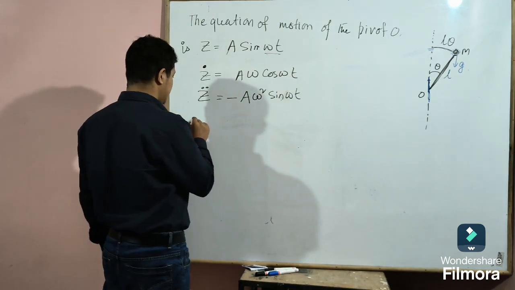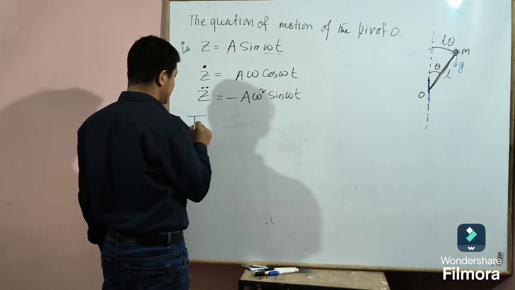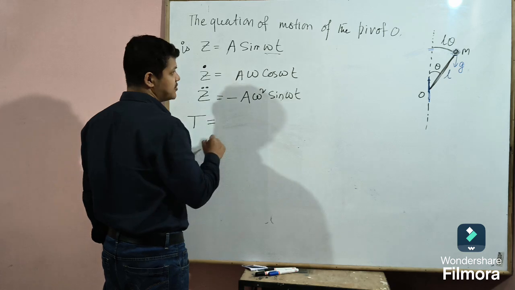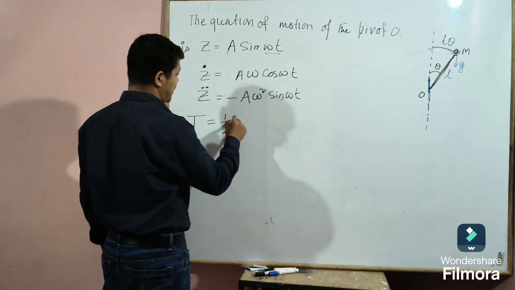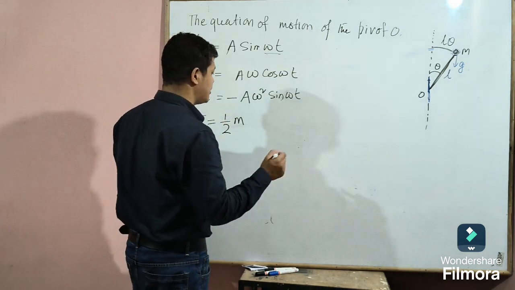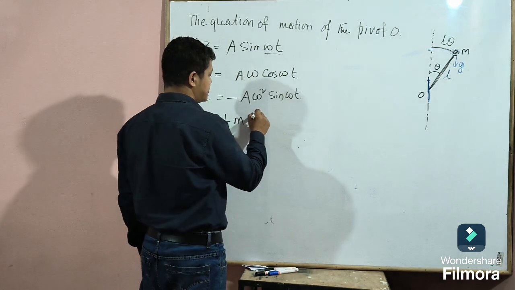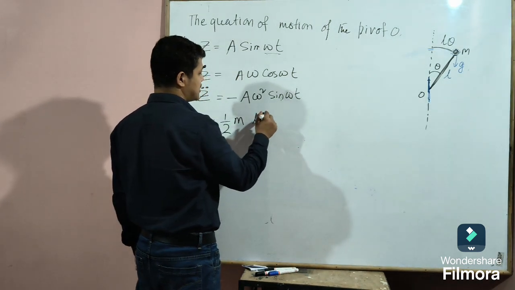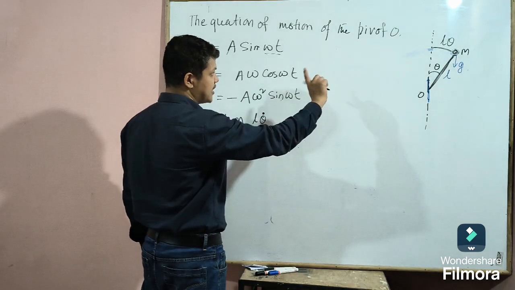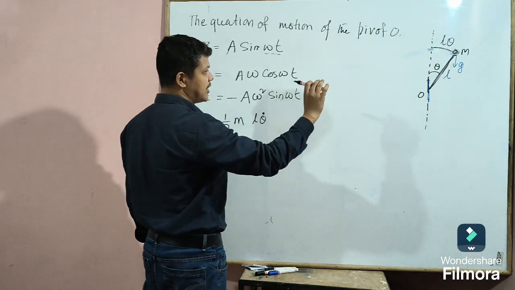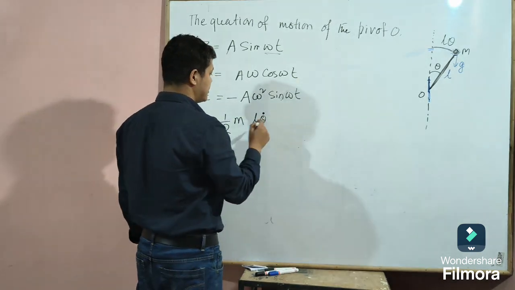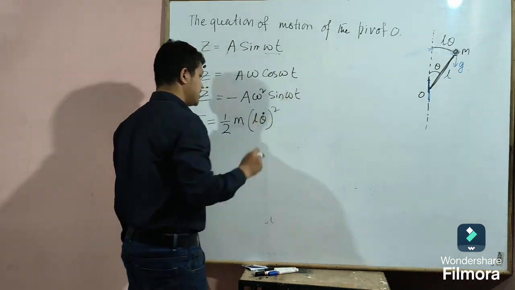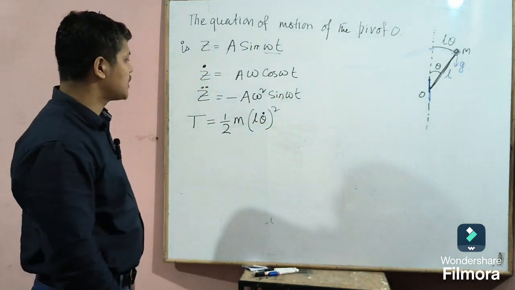Now here you see the kinetic energy T is equal to half m v square. Here instead of v we have to take L theta dot, that's going to be the velocity. Here we're going to get the angular velocity, since this is oscillating like this, so we take the square.